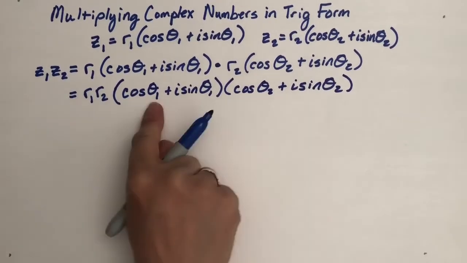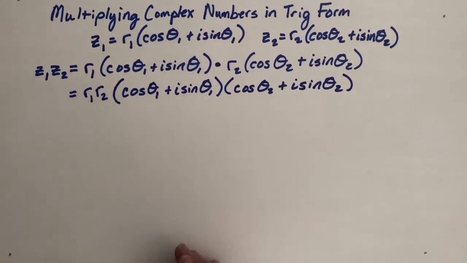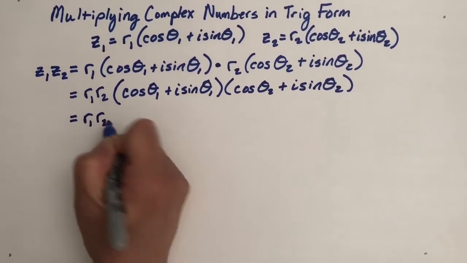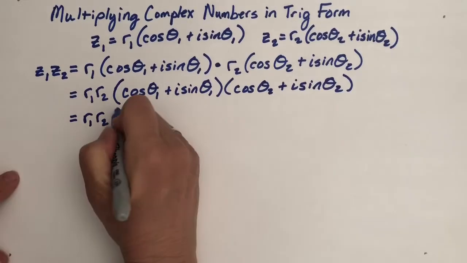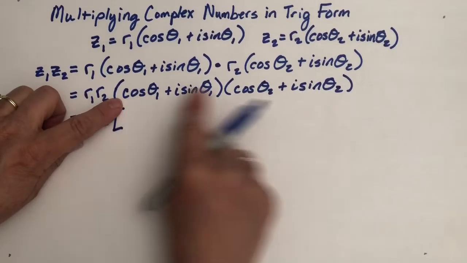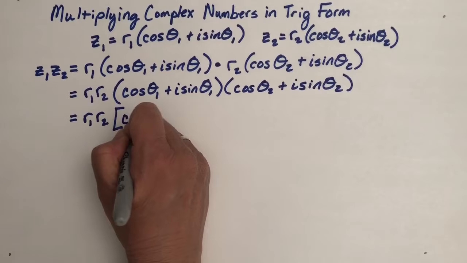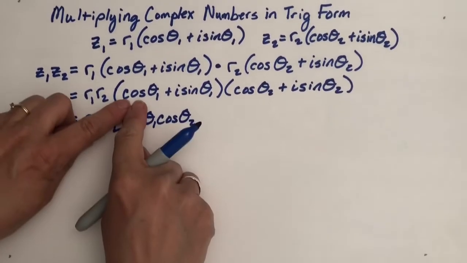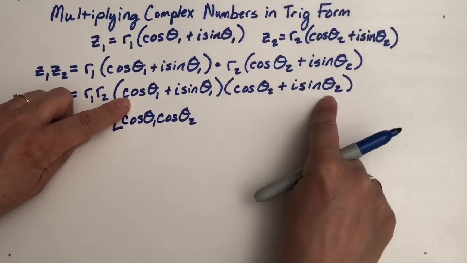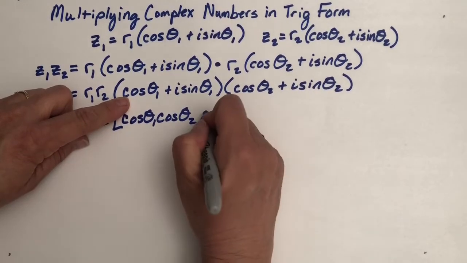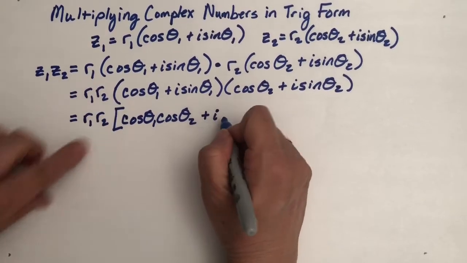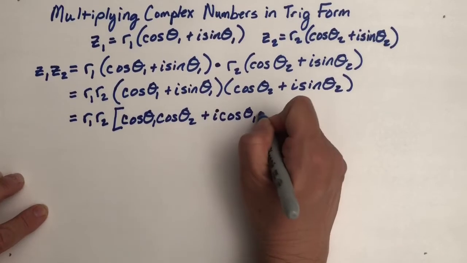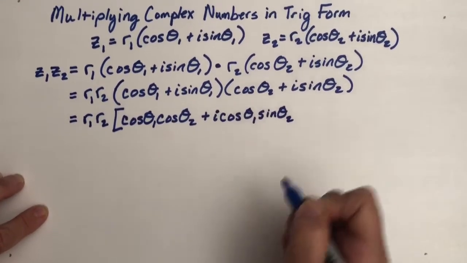Now multiplying these together will feel a lot like multiplying binomials. We FOIL it out, right? So r1 times r2, and now here we go. We have cosine theta 1 times cosine theta 2. Next, we have cosine theta 1 times i sine theta 2, so we have i cosine theta 1 sine theta 2.